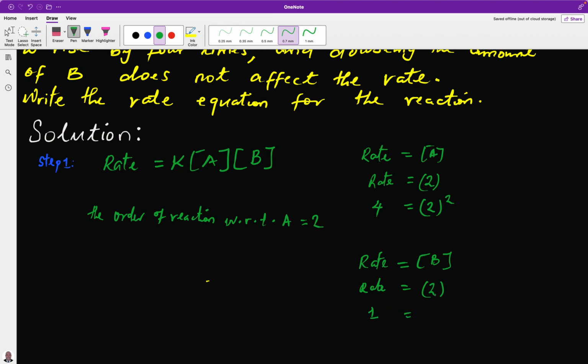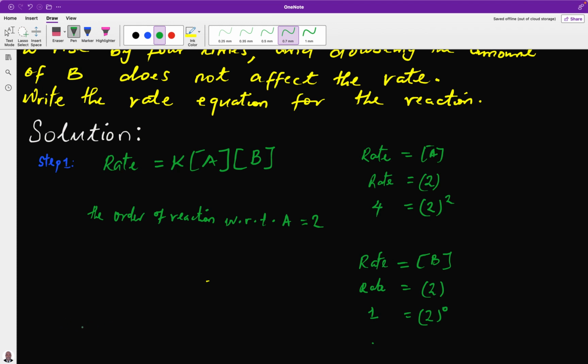Therefore, what will be the order that will give us this one? The power should be 2 raised to the power 0. Anything raised to the power 0 is 1. Therefore, 1 is equal to 2 raised to the power 0.